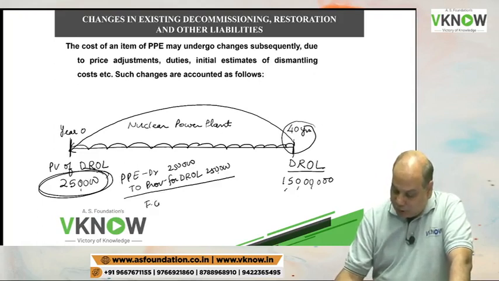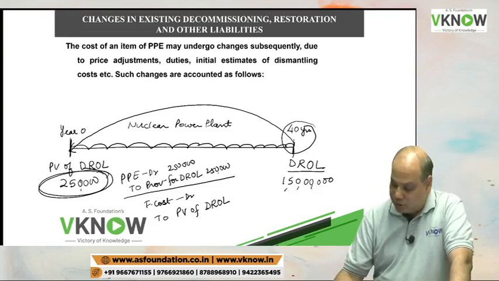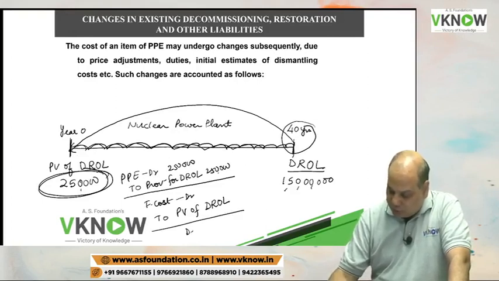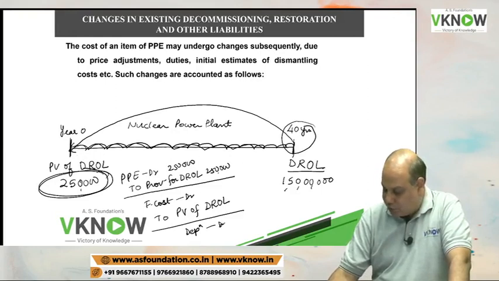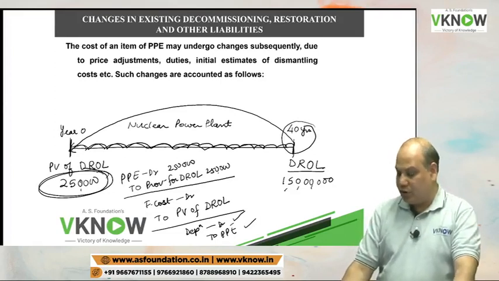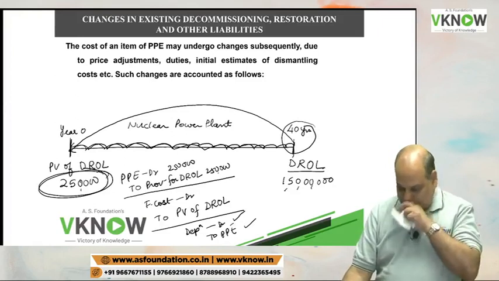So every year I am going to pass an entry: finance cost account debit to provision for decommissioning, restoration, and other liability. So these entries will continue, and this PPE will be depreciated as usual. Whatever is the useful life, you will depreciate the PPE. So now you remember. Very good.